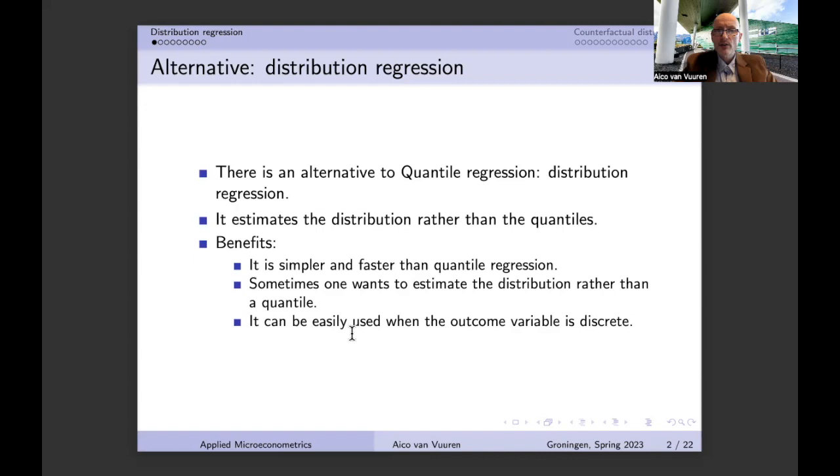And when you have, for example, an ordered outcome variable, it is also not possible to do quantile regression analysis. However, distribution regression is always possible, so especially when we have a discrete outcome variable, it would always be best to use distribution regression instead of quantile regression.